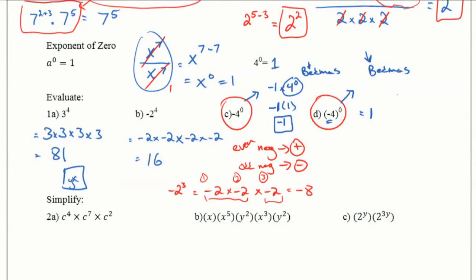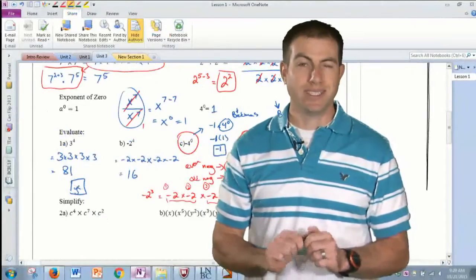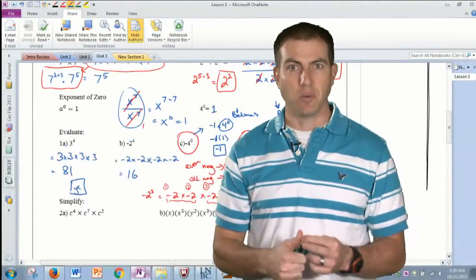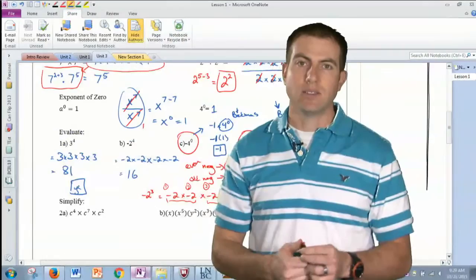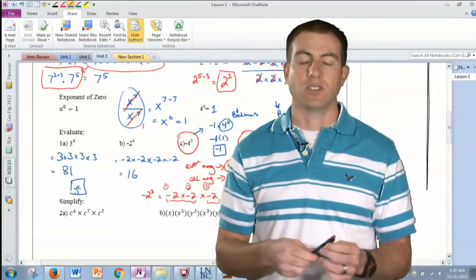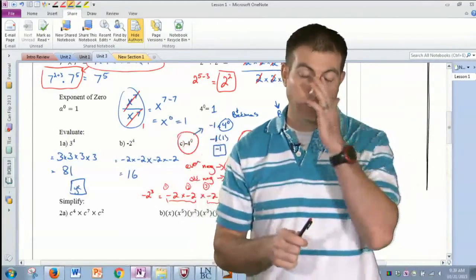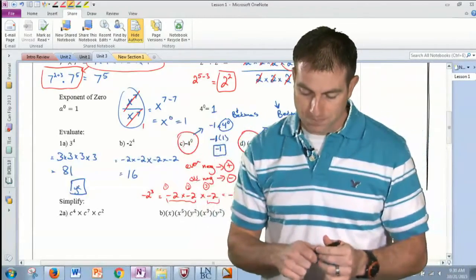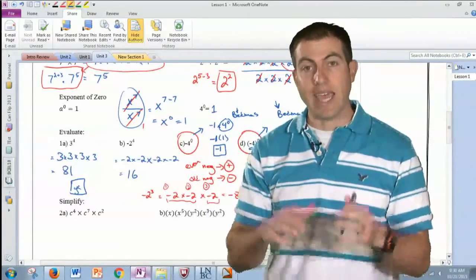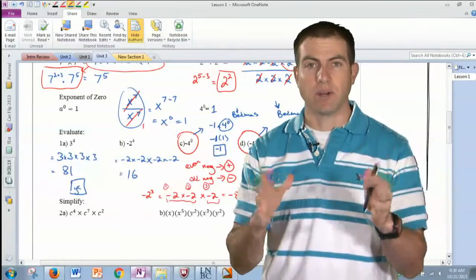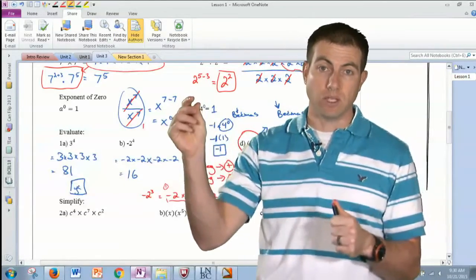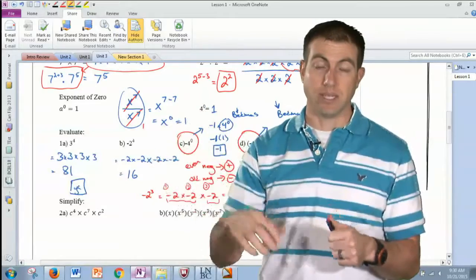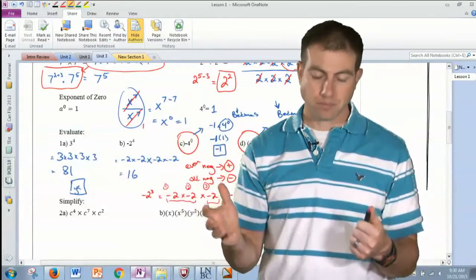And I know it comes up in the learning guide, and it probably won't come up a ton when you're doing your work, but when it does, it's almost infuriating because you're just like, oh, how could I miss that? And you're off by a sign, and it's just kind of cruel. So because the negative 4 and everything else is in the brackets, once we raise it to the power of 0, it all equals 1 because anything to the power of 0 is 1.